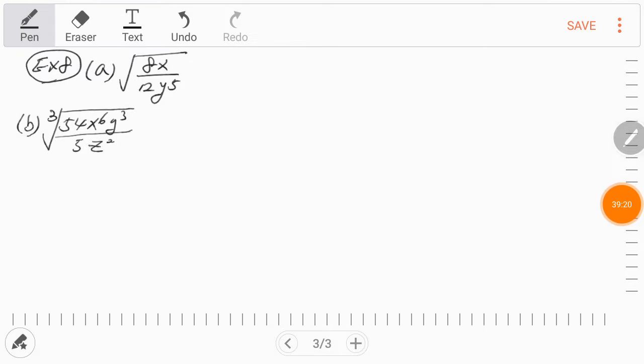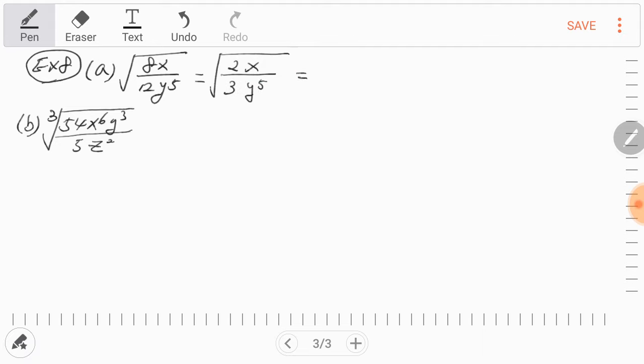Okay, in this example, let's rationalize the denominator. So, before we separate the numerator and denominator, let's simplify 8 and 12. We can reduce 8 and 12, so divide each by 4. Then 2x over 12 divided by 4 is 3y to the 5th power.